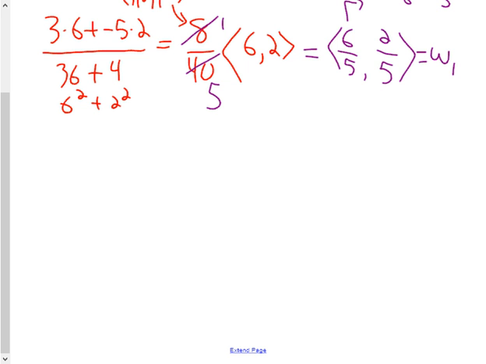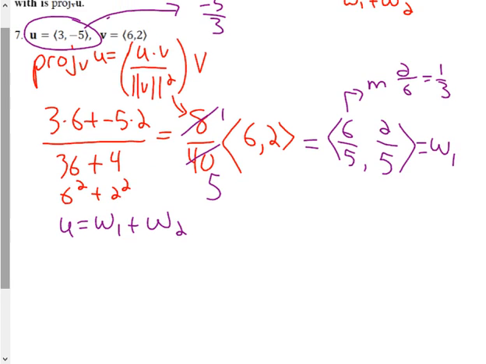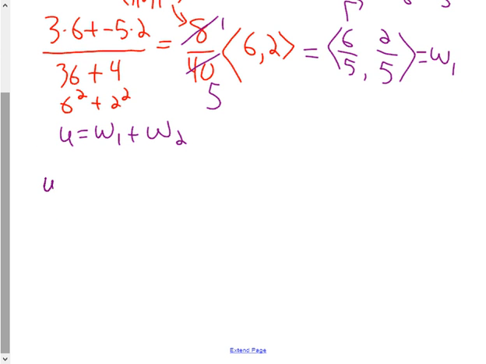So next, we've got U equals W1 plus W2, and we need to find W2. So going back, taking this <3, -5> and subtracting, sorry, not a point, vector, subtracting <6/5, 2/5>.